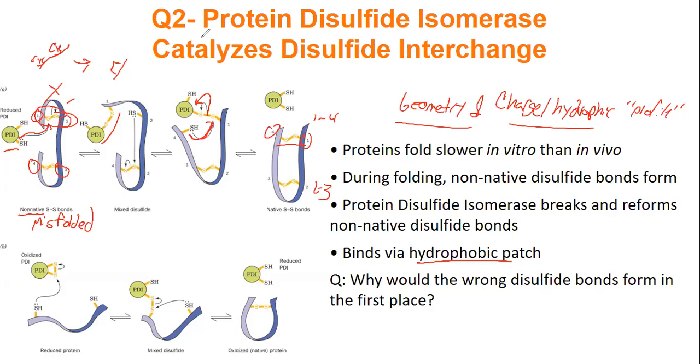Any other questions? And I'll just say for full clarity, I'm not so worried that you know why two cysteines would randomly form, but it's the whole discussion that question brings of this idea of why does PDI work? How does it know something's wrong?